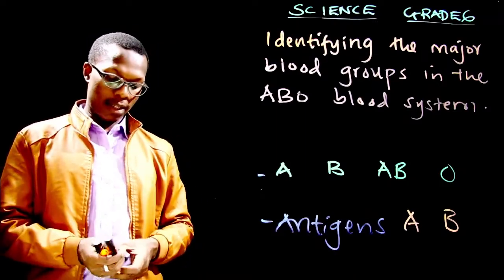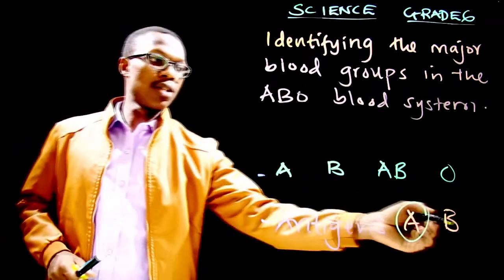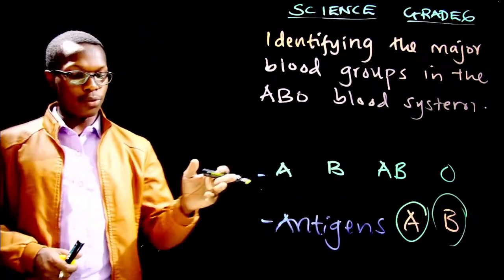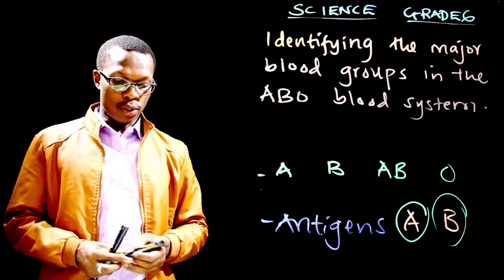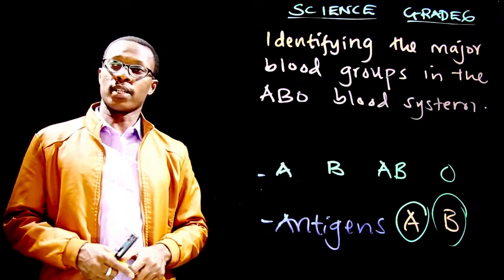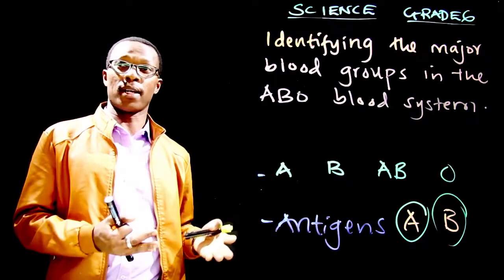It can either be antigen A or antigen B, and this will help you to identify the blood groups. So let's take a look at this demo that I'm going to show you so that it can help us to understand the blood groups.